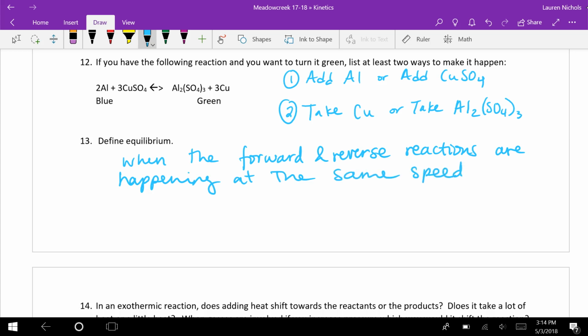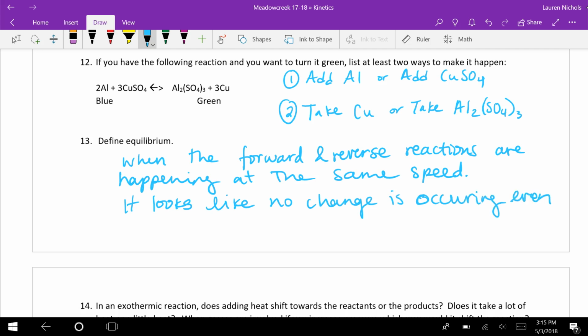And what this means, or what this looks like, is if you have a zoomed out approach, it looks like no change is occurring, even though atoms are still reacting and colliding.